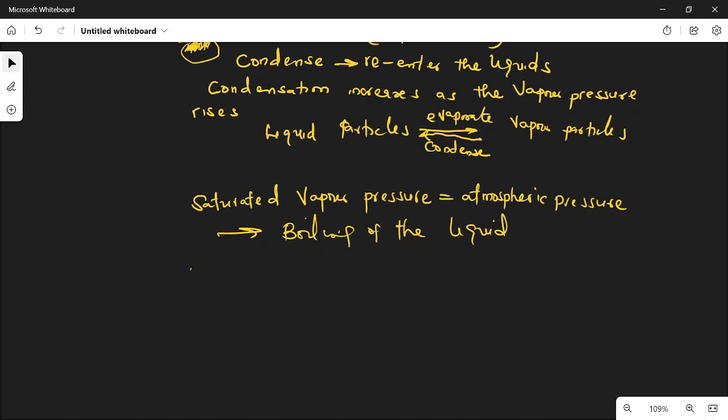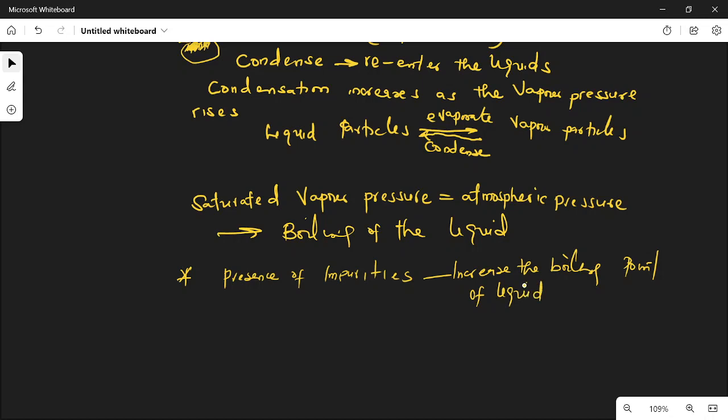Very, very important. And another thing we need to know is that the presence of impurities will increase the boiling point of a liquid, because it will increase the time, or the rate at which your saturated vapor pressure will equal atmospheric pressure, and by then it will actually increase the boiling point.